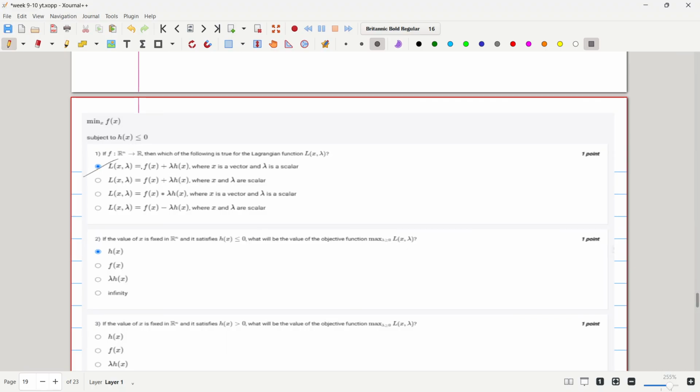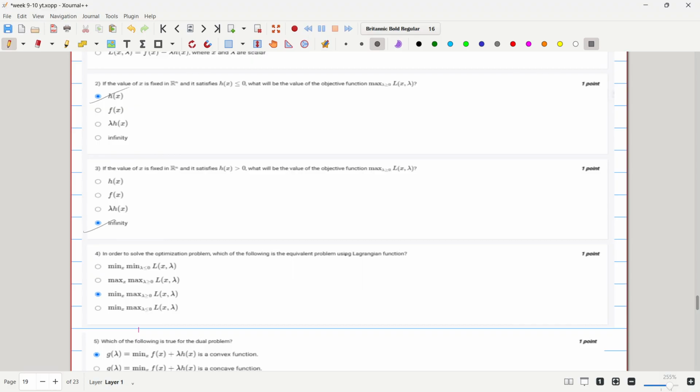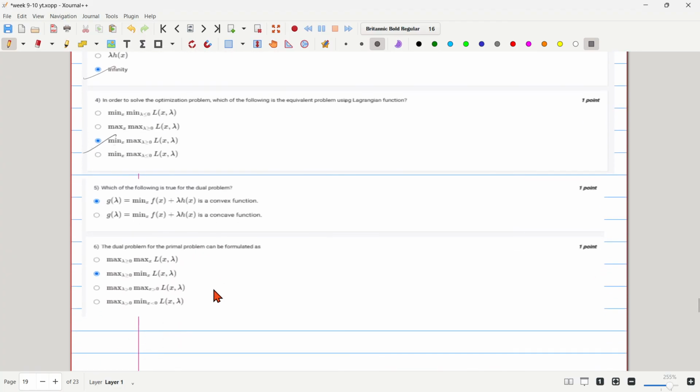So the Lagrange function is f of x plus lambda times h of x. If the value h of x is less than or equal to 0, it is f of x, and if it is greater than 0, it is infinity. For optimization problems, you have to minimize over x, then maximize over lambda greater than or equal to 0. What is true for dual problems? G of lambda is equal to the minimum over x of f of x plus lambda times h of x, which is a convex function.